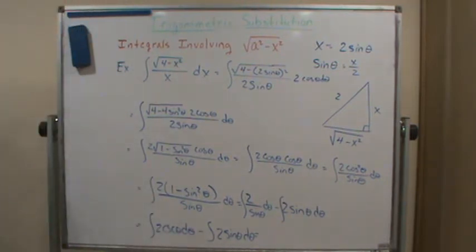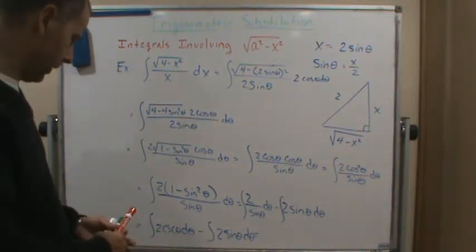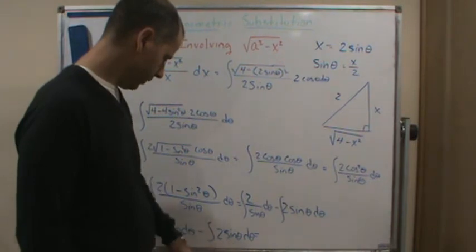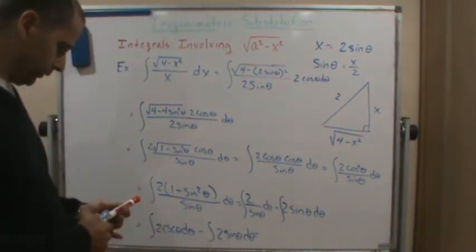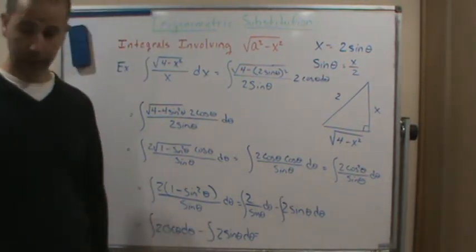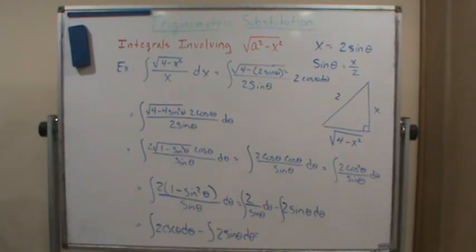It's going to be the natural log of cosecant theta minus cotangent theta. And then of course, the antiderivative of sine is negative cosine, so we're going to get a plus here. Okay, so let's do that.